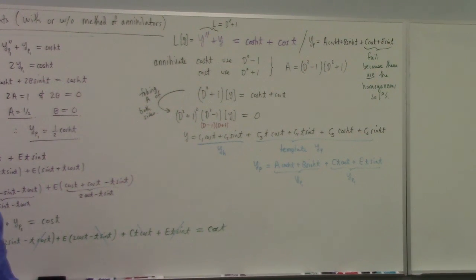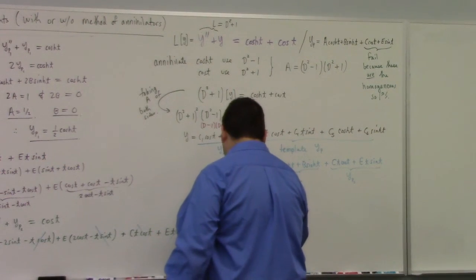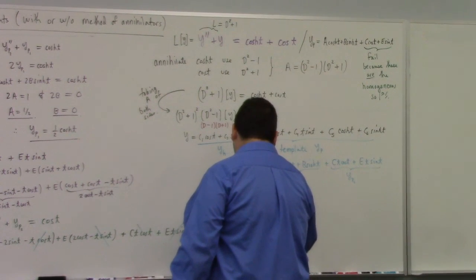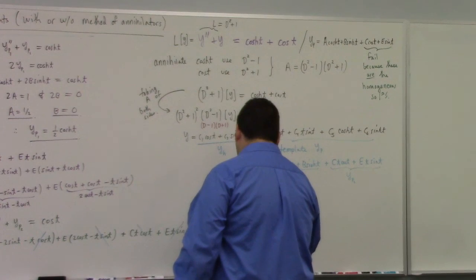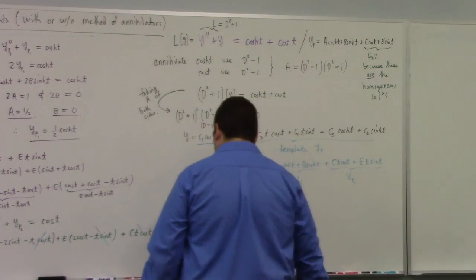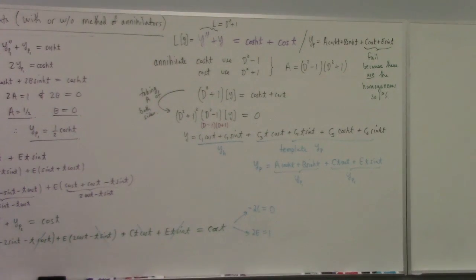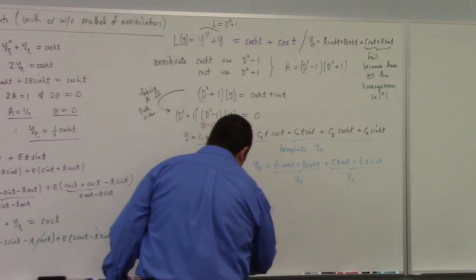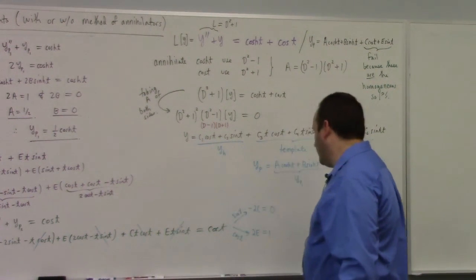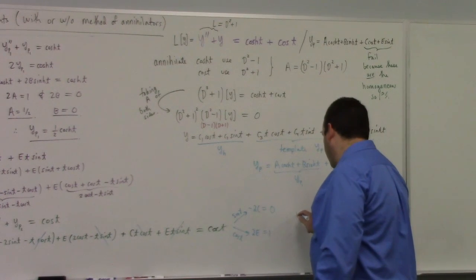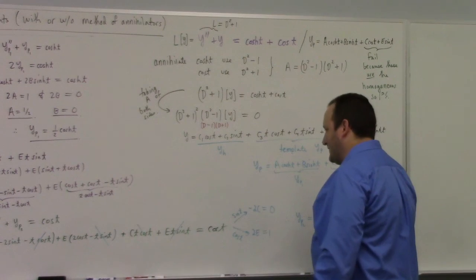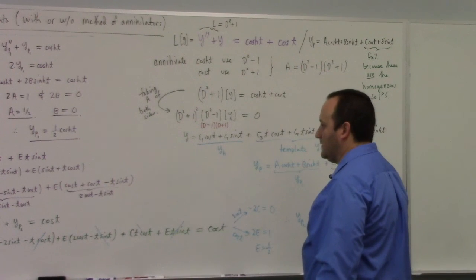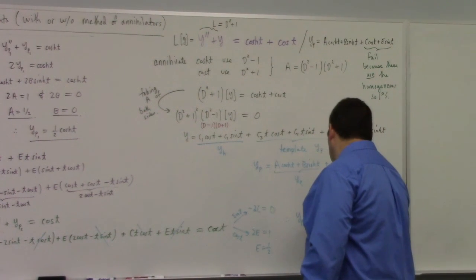We get two things: minus 2c equals 0, and 2e is equal to 1. So I'm equating the coefficients of sine and cosine there. The sine coefficients give me this, the cosine coefficients give me that. So therefore, yp2 just has the e term, and e is 1/2, which is to say 1/2 t sin t.